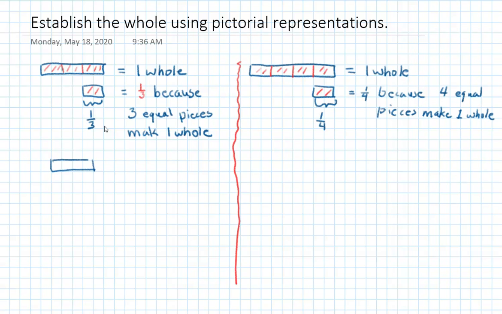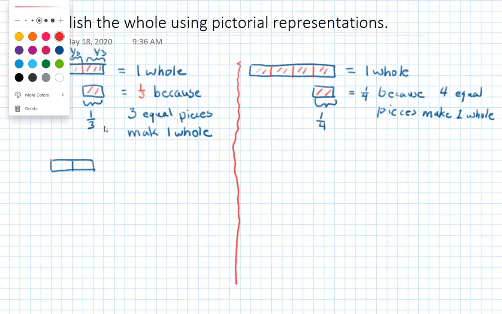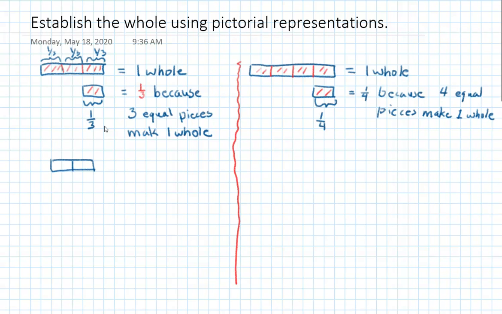Now what we want students to do is to come up to this drawing that we made before and say, well, here's 1/3, and here is another 1/3, and here is another 1/3. We might even say something like, well, every 2 squares has a value of 1/3 as long as this is my whole. So I'd look here and say, well, how many 2 square boxes can I make?